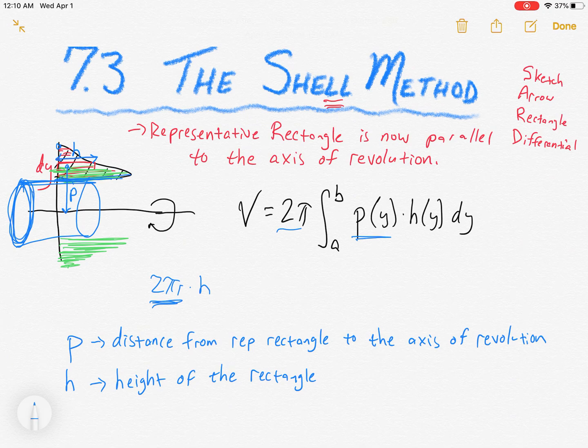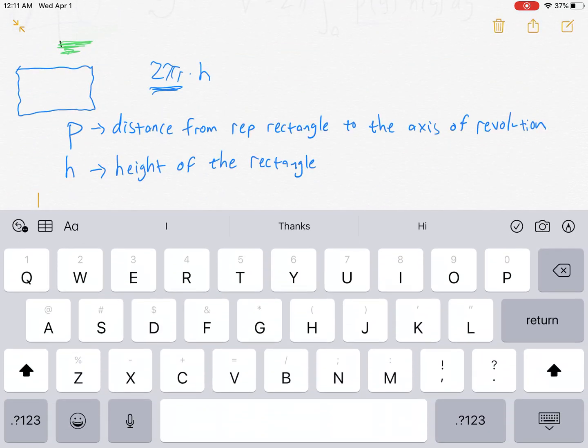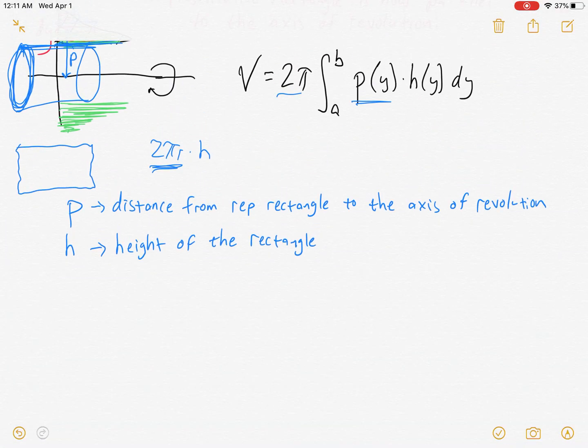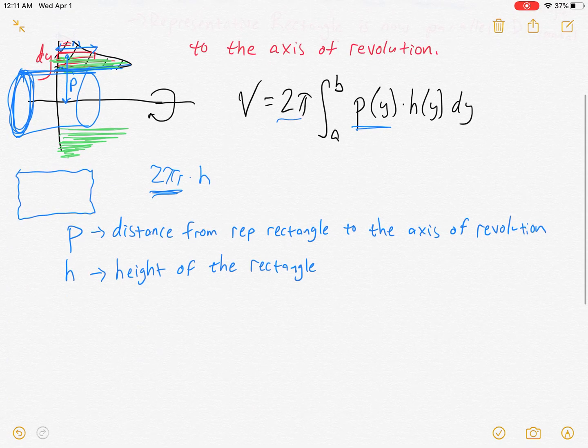If you unravel this, and if you don't get this part you're not going to be doomed or anything, if you unravel this cylindrical shell, it would look like a rectangle. We talked about that before, that for a cylinder, the surface area around it is just a rectangle. And what would the area of that rectangle be?